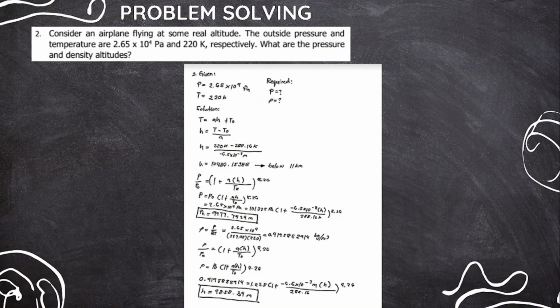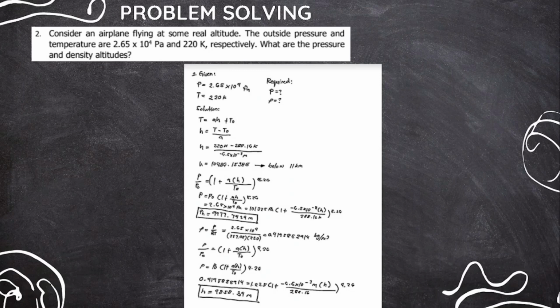We input the givens: 2.65 times 10 raised to 4 pascals is equal to 101,325 pascals multiplied by 1 plus negative 6.5 times 10 raised to negative 3 multiplied by the height, over 288.16 Kelvin, raised to 5.26.